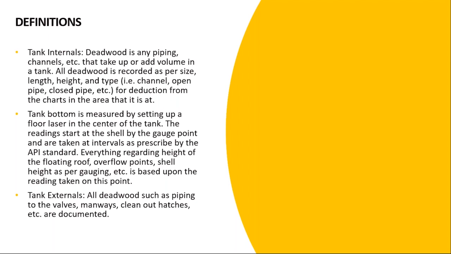Some initial definitions, and we're going to talk about what deadwood is. Deadwood is anything within the tank or external to the tank that is going to affect our volume. That's tank internals and tank externals that is going to either add up to our actual volume or decrease our actual volume within the tank.